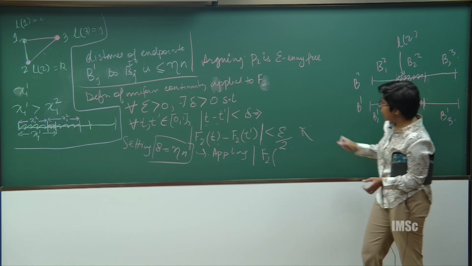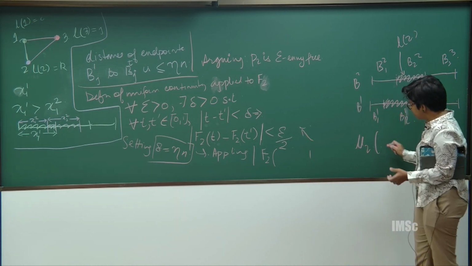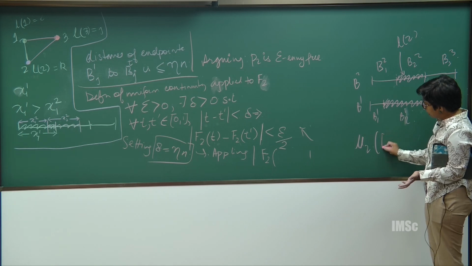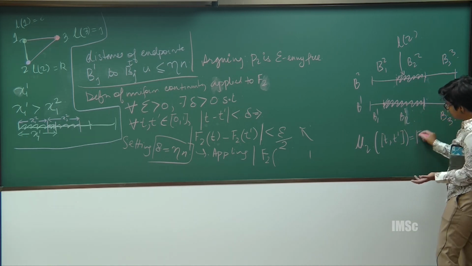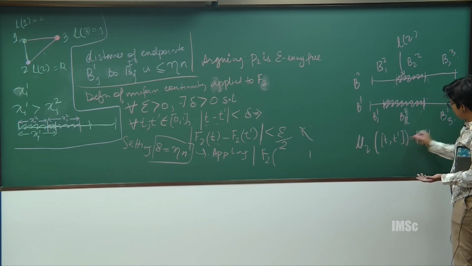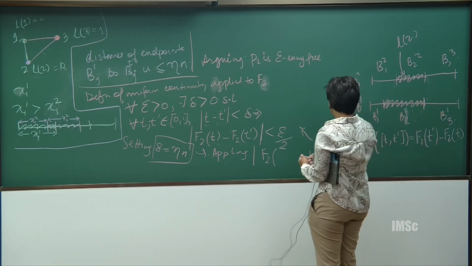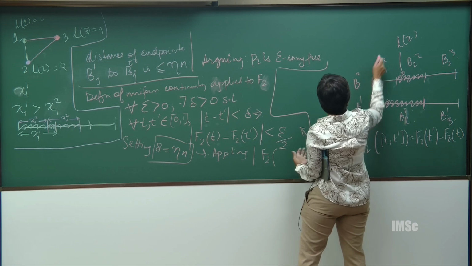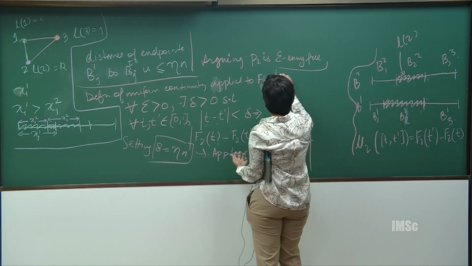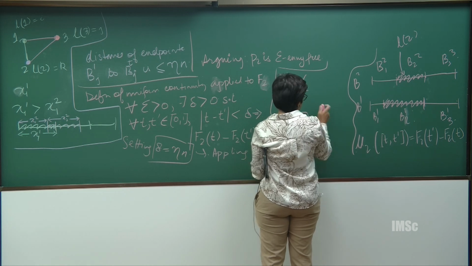Now, we know that mu2 of t comma t prime is nothing but f2 of the larger this thing minus f2 of this. So, what we can say is this, just a basic application of this. Therefore, mu2, what should I write here?